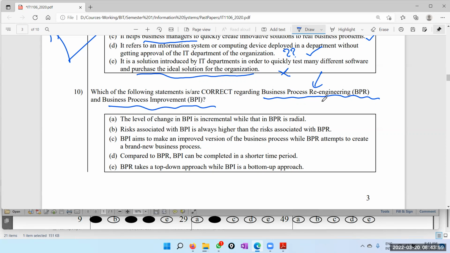So we must be ready to do that. Maybe with major changes in technology, major changes in people's life, economy, politics. Then we want to exploit that by doing a major change. So then we go for business process re-engineering.